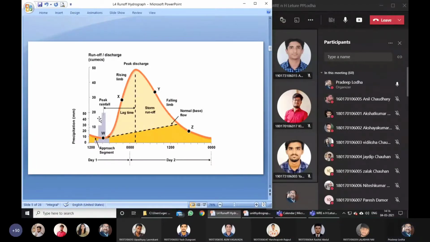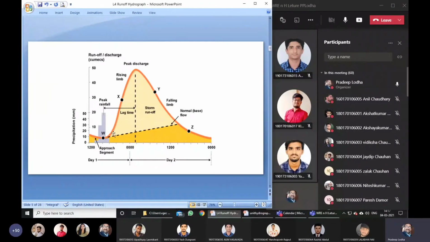I come back to this gray portion. This gray portion represents the hyetograph, which we have been discussing throughout the chapter on rainfall: intensity versus time. You draw that rainfall intensity versus time, the hyetograph. So this is the rainfall event.